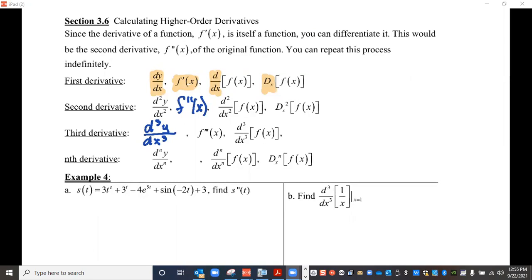There eventually reaches a point when, especially if you're using that prime notation, they're not going to write out 4 hash marks. So what you'll commonly see is your f and then the actual numerical index. For example, if you want the fourth derivative, you would see that upper index to be a 4. If you're talking about the nth derivative, you would see f with upper index n. Whatever derivative, a fifth derivative, you would see f to the 5th.